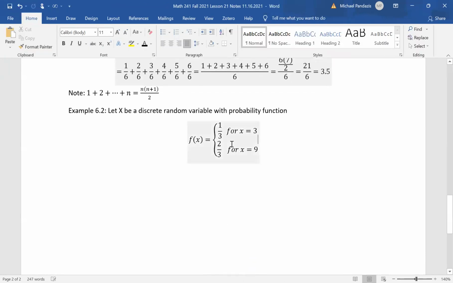There are only two possible values of capital X, 3 and 9. So it's a finite sample space, and so it's a discrete random variable. The goal is to find the expected value of x.